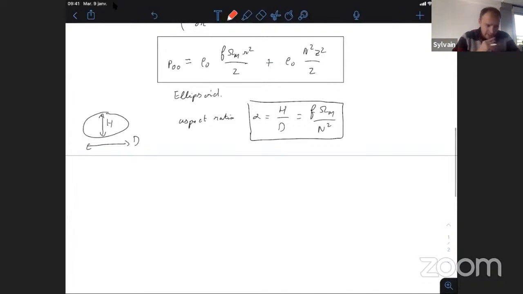Now, the thing I want to discuss in more detail today is internal gravity waves that propagate in stratified fluid. I have decided to present the internal gravity wave in the context of a linear internal gravity wave attractor.